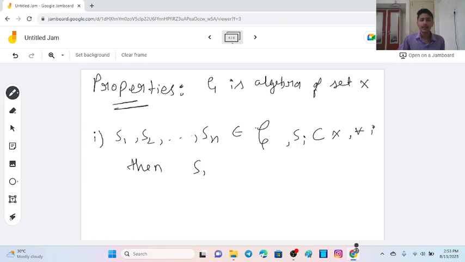Then S1 union through Sn also belongs to C.